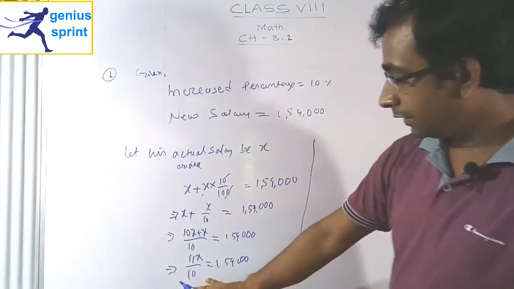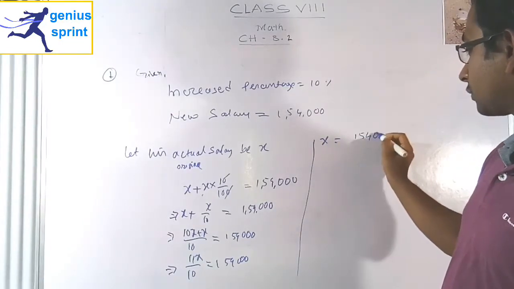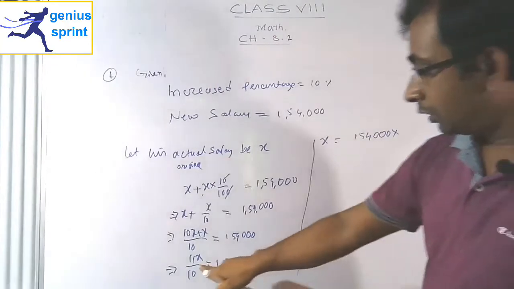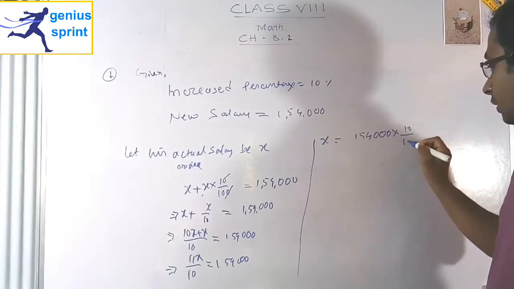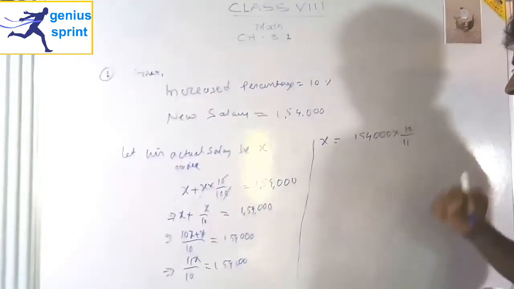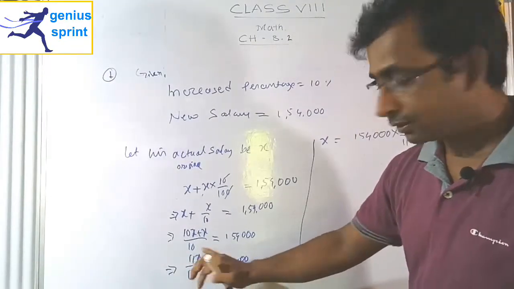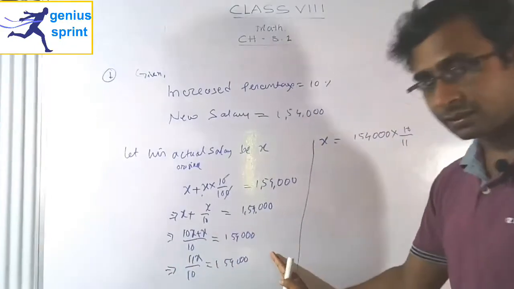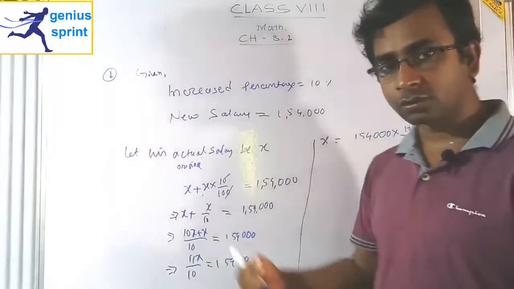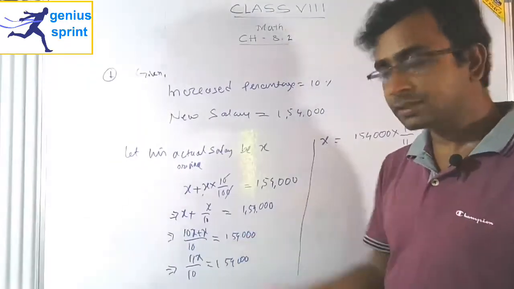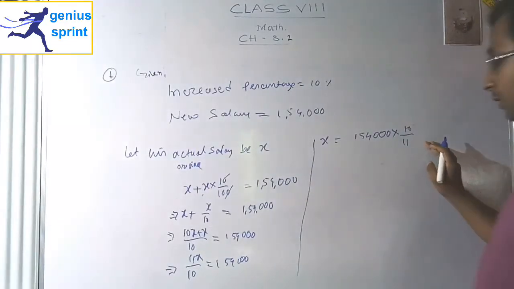From here, the value of X is 1,54,000 into 10 by 11, because the reciprocal of this number will be multiplied. Here 11 upon 10 was multiplied with X, so if I shift it to the right side, it should be reciprocal. We have to divide by it, but division by a fraction is not done directly, so we multiply it by its reciprocal, shifting the numerator as denominator and denominator as numerator.